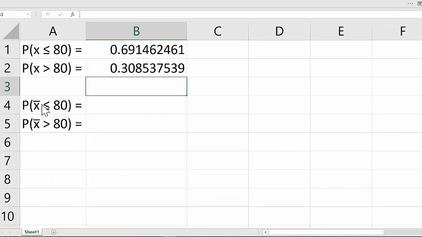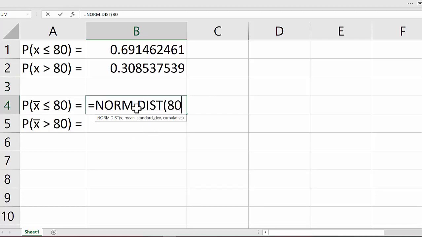So over in Excel, you'll see the probability that a mean is less than or equal to 80. We'll put in here our norm dist, 80, comma 75, comma, that standard deviation box. Now instead of 10, we'll put in 10 divided by the square root of 16.